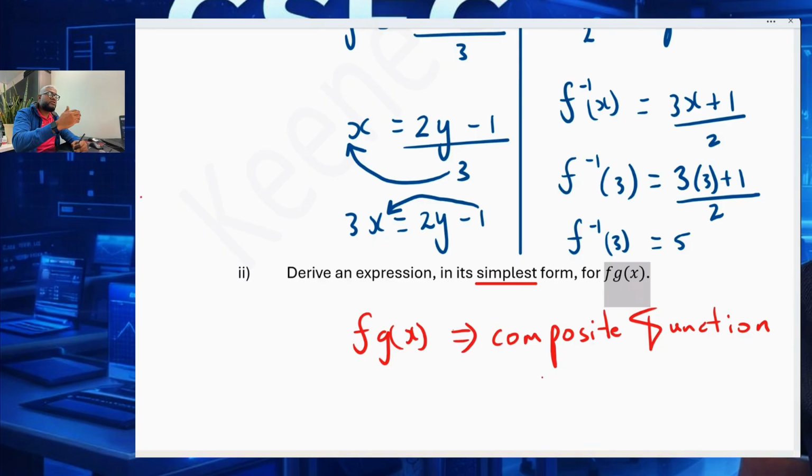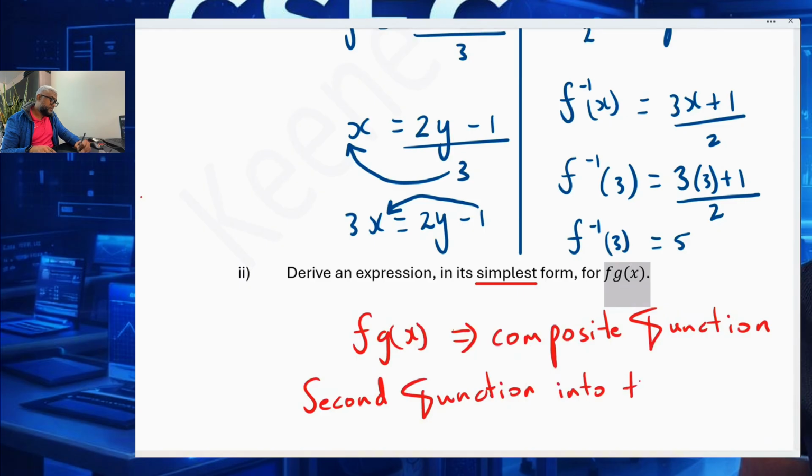Which function goes into which? The second into the first. So g goes into f.